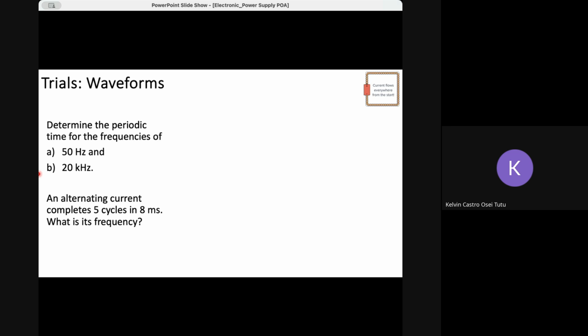The period for A, I got 0.02 seconds, and the period for B, I got 0.05 seconds. For the second one, have you converted the kilohertz to hertz? Sorry, I didn't see that. So you have to convert it from kilohertz to hertz.